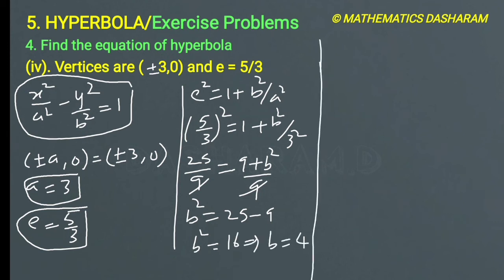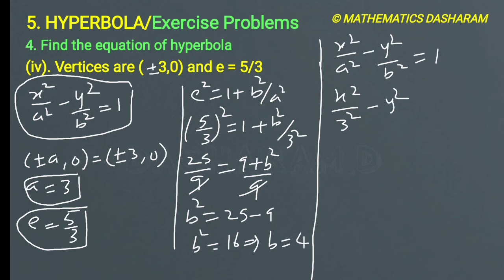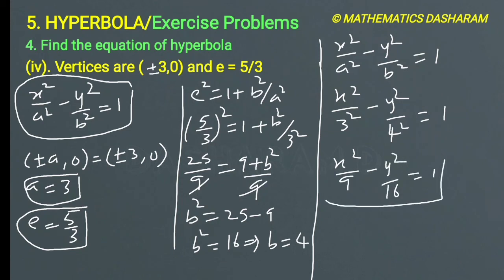Let's substitute the a and b values in the standard form, x square by a square minus y square by b square equals 1. x square by a square is 3 square, minus y square by b square, 4 square, equals 1. x square by 9 minus y square by 16 equals 1 is our required equation of the hyperbola.